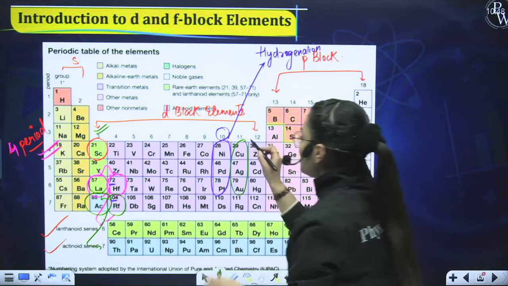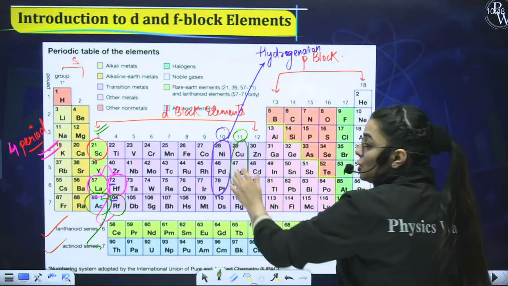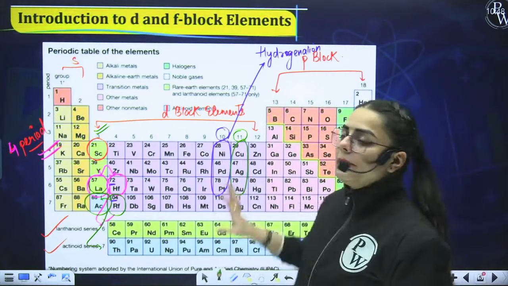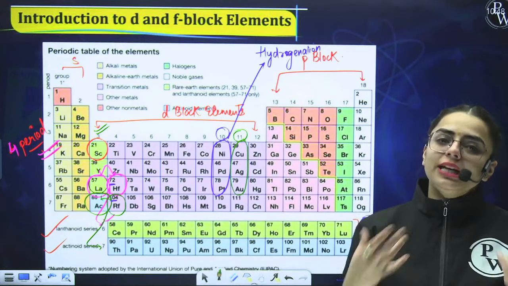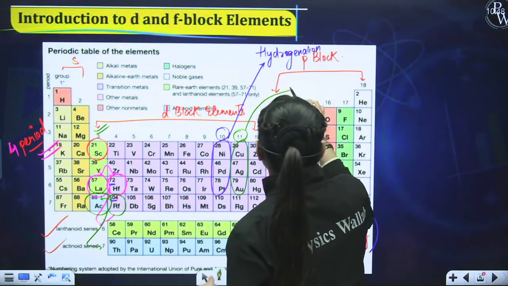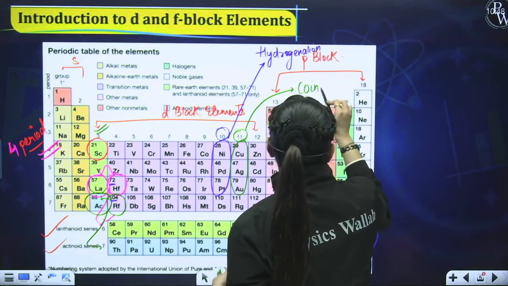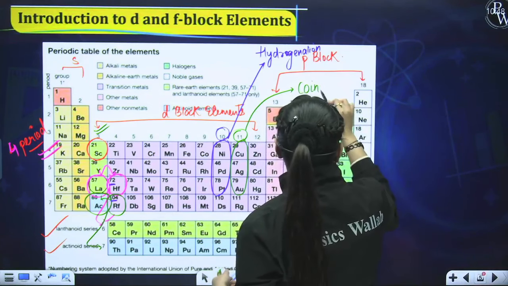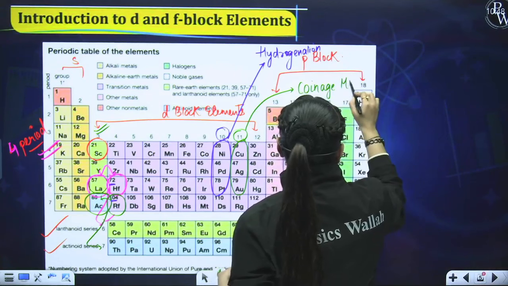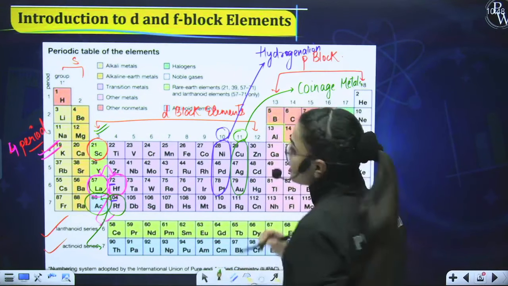Similarly, group number 11 elements, and you also need to remember their atomic numbers, are referred to as coinage metals. Is it clear to you?